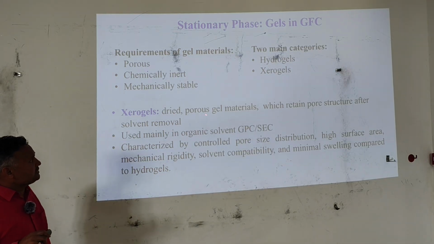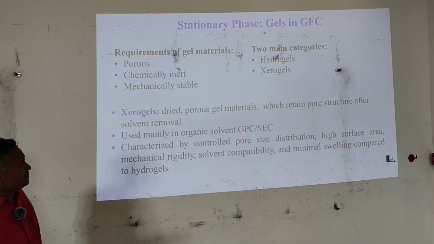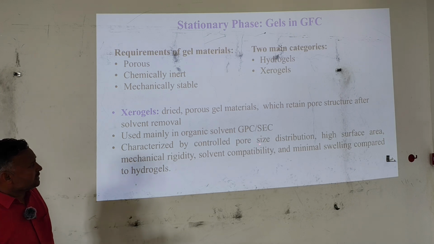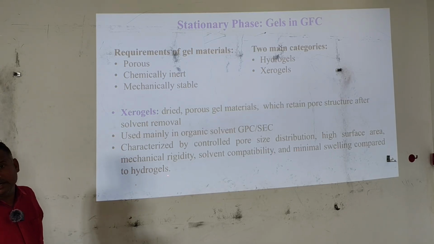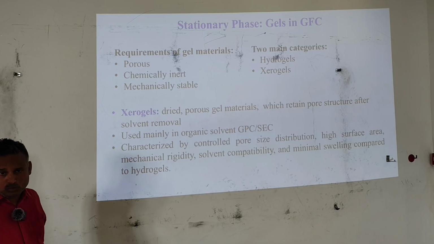Xerogels are dry porous gel materials which retain pore structure after solvent removal. Used mainly in organic solvent GPC or SEC, size exclusion chromatography. Characterized by controlled pore size distribution, high surface area, mechanical rigidity, solvent compatibility, and minimal swelling compared to hydrogels, because hydrogels are swollen and this one is not swollen.